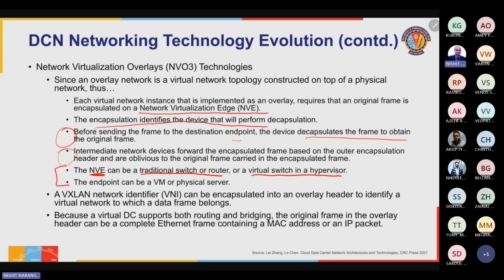Similarly, the endpoint that we saw in the diagram sending that data, it could be a virtual machine, as what actually happens in the case of cloud hosted tenant networks. But it could be a physical server, okay, where I want to create between physical servers like I do in VPNs. In VPNs, the laptop is a physical machine connecting to a physical machine in the enterprise network. So it's a physical machine.